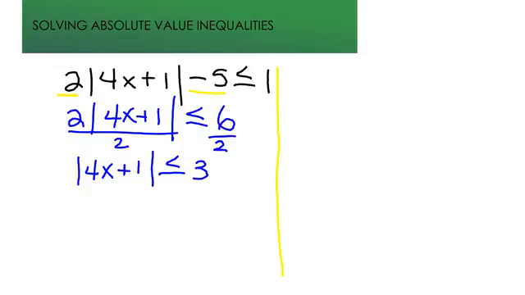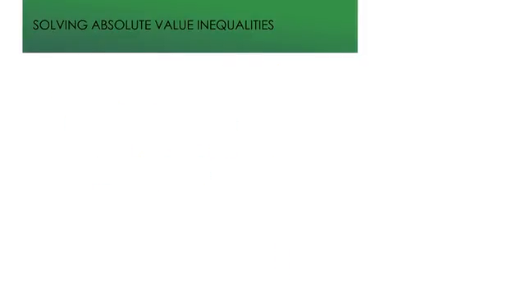Okay, so now what we have to do is try a problem where it starts out greater than. Our problem is going to be the absolute value of 3x minus 2, plus 5, is greater than 9.